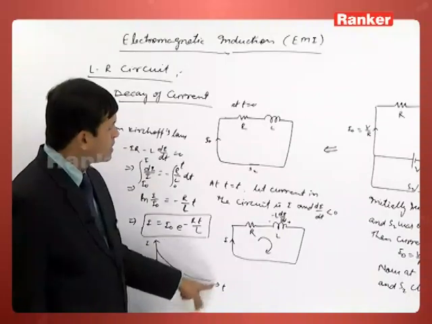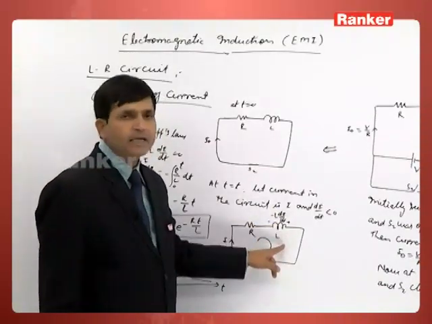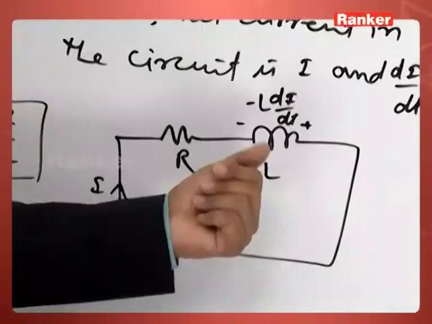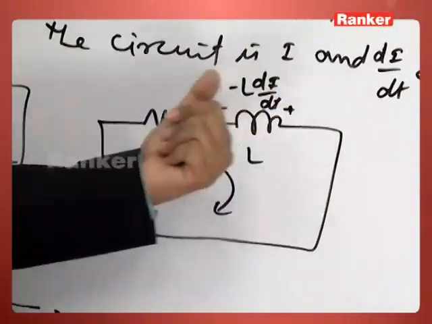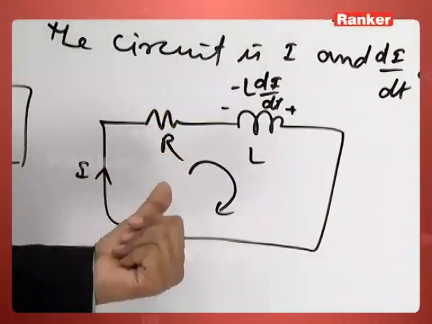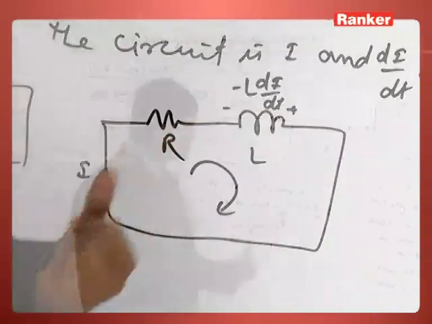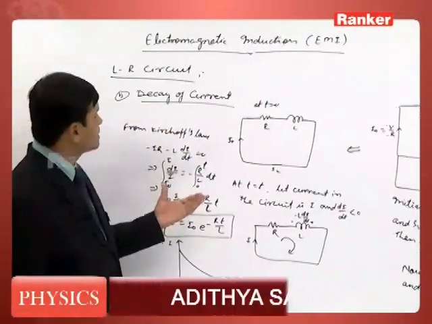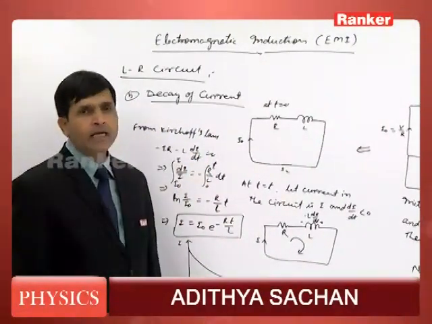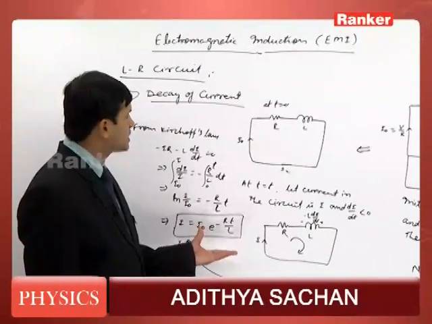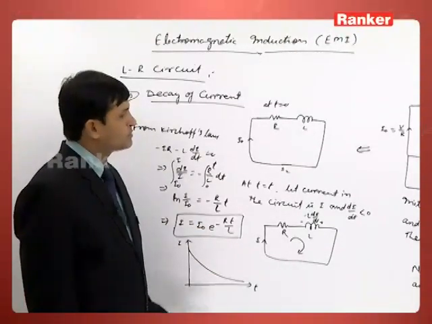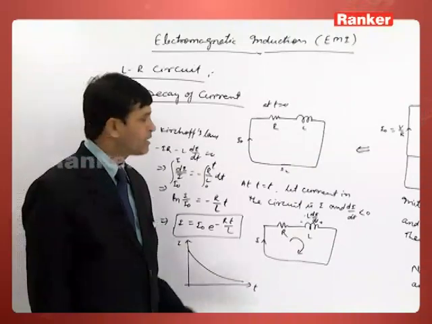So whatever energy is stored in the inductor comes out in the form of heat through the resistor. This is the general idea about the LR circuit. Now come to some examples, from which we can get a much better idea of the circuit.